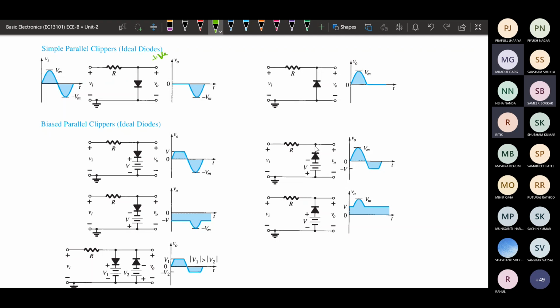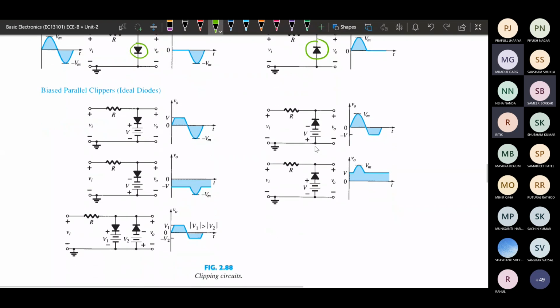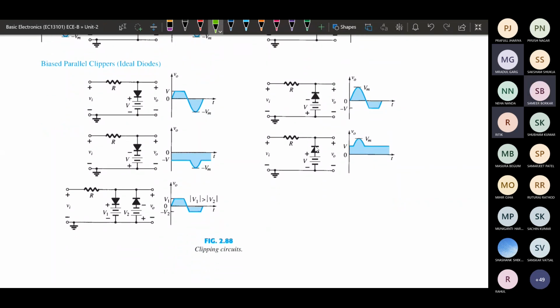In negative clipping, the only difference is that the diode direction has changed. Similarly, we can obtain positive and negative clipping with a biasing voltage. So here a biasing voltage is there along with the diode at the output.